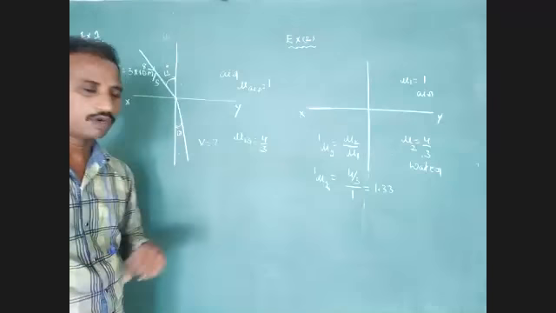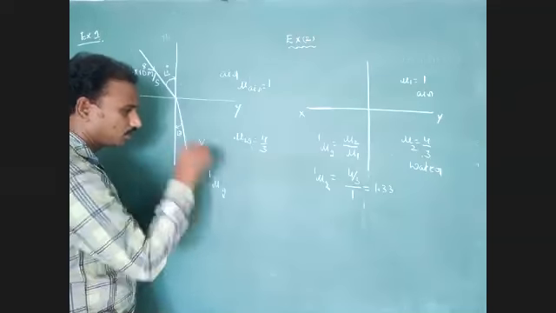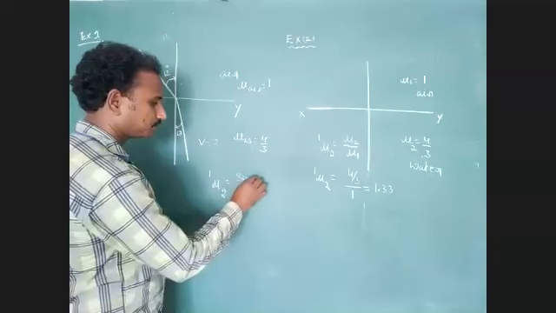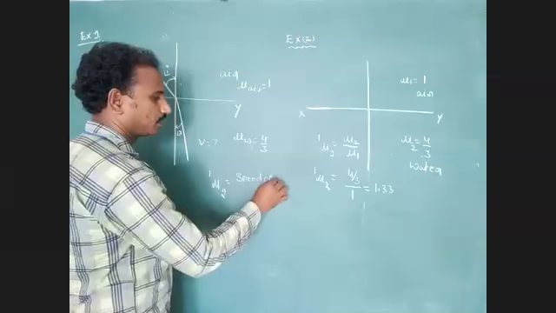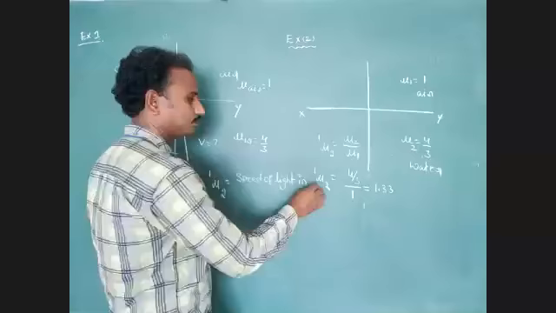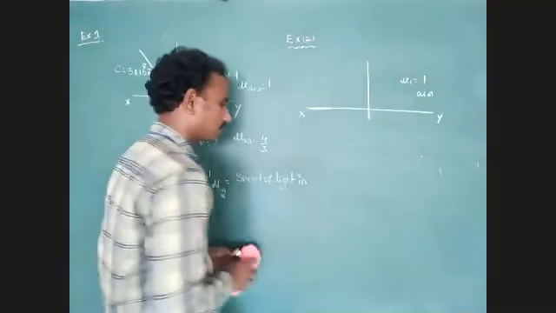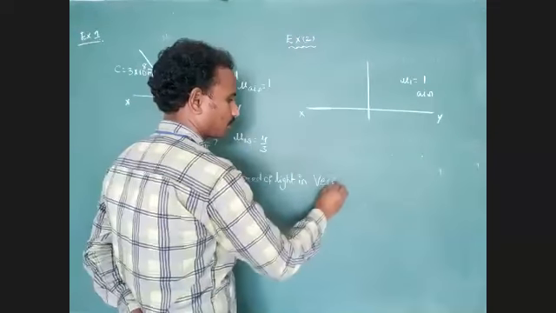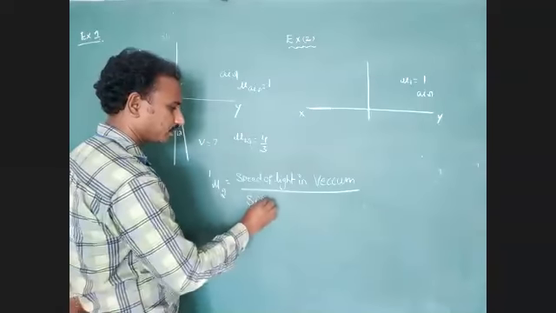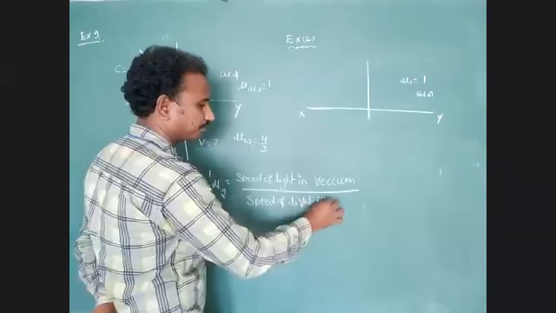What is the condition here? 1 mu 2 is equal to the speed of light in vacuum divided by the speed of light in medium.